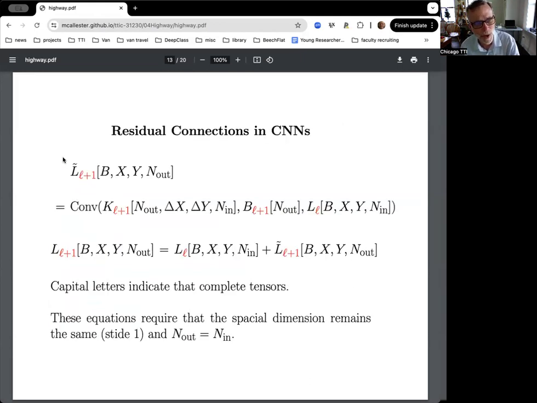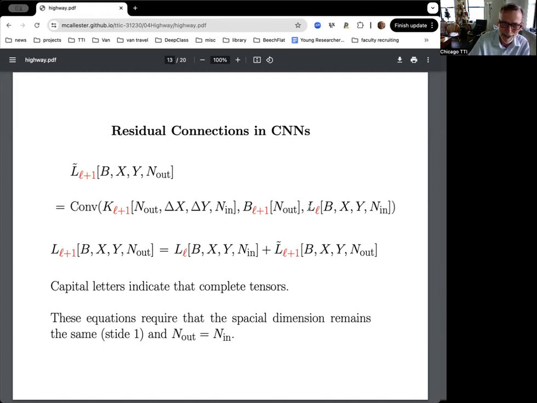So this is just the equations for residual connections. This is the equations for a convolutional layer. So this is an input layer in a convolutional neural network. We're going to take that input layer and do a convolution. These are just the parameters of the convolution.